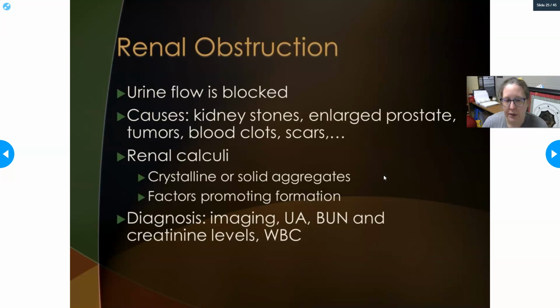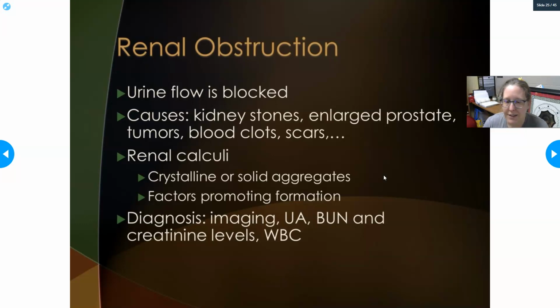Renal calculi are kidney stones, and they're crystalline or solid aggregates that form in the kidneys. Some of the factors that promote formation could be the excessive presence of certain compounds, like calcium oxalate, so excessive calcium with excessive oxalate from things like teas.